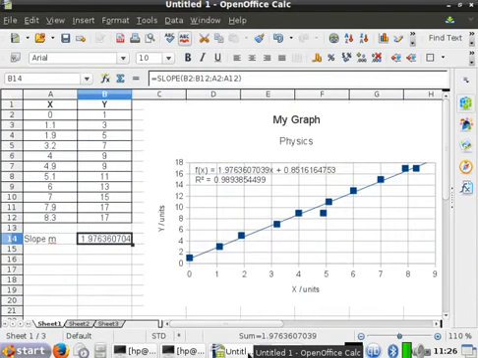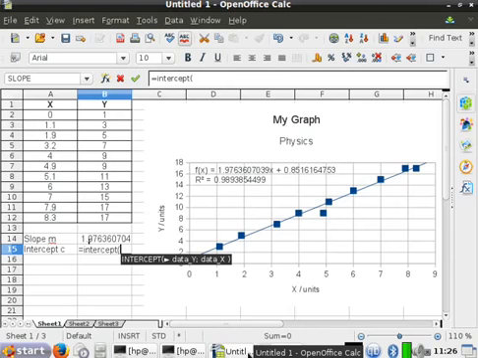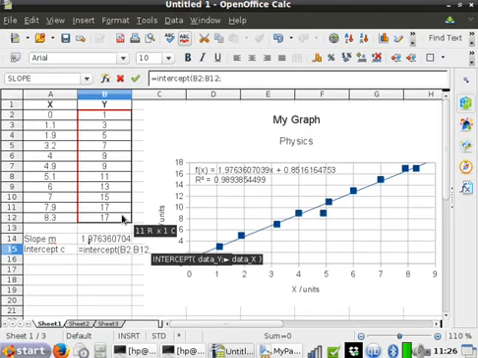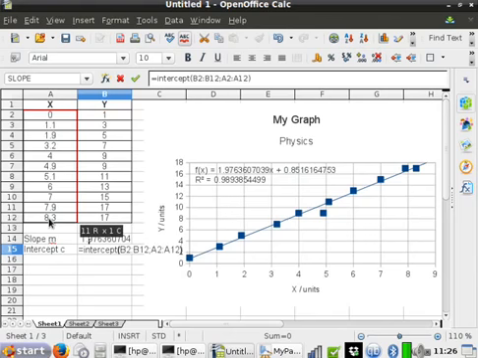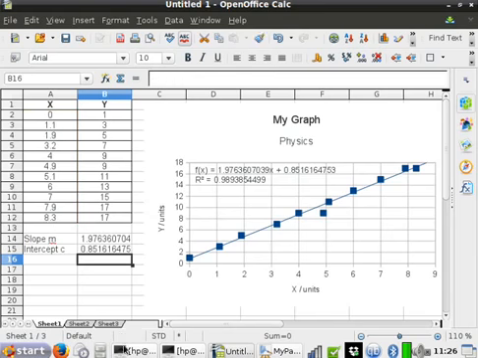In a similar way, the c is called the intercept, and the function is equals intercept, bracket, highlight the y's, semicolon, highlight the x's, bracket. Exactly the same as slope. Just replace the word slope with intercept. And you have it there.